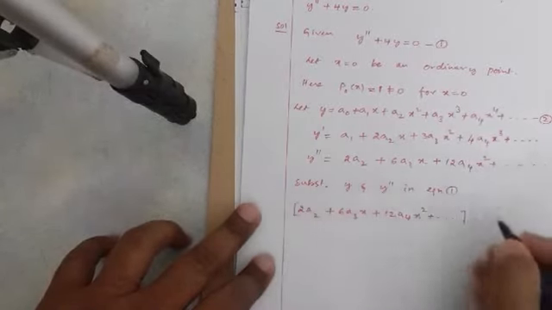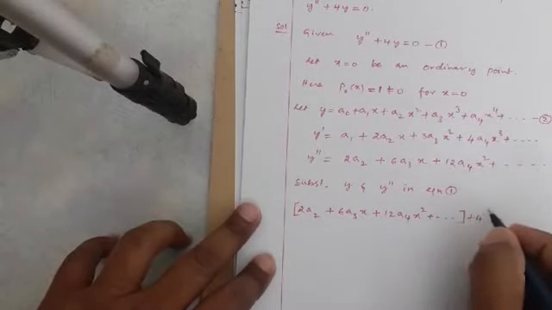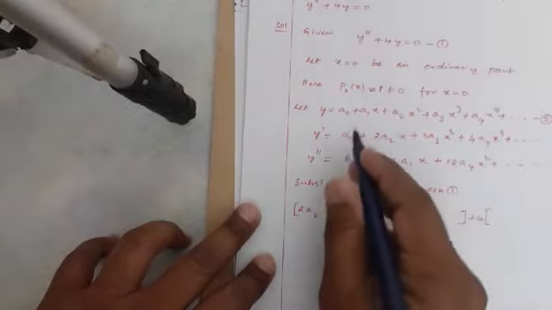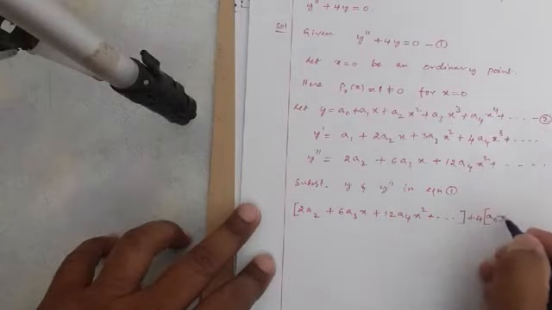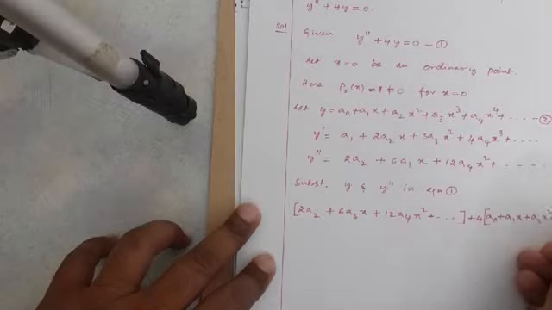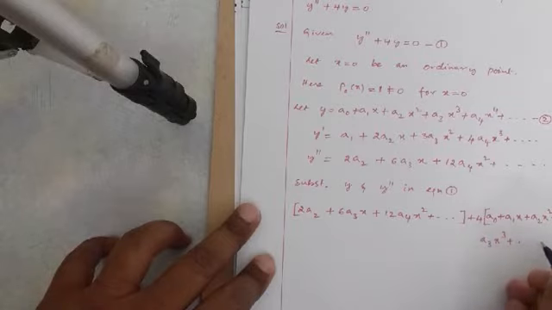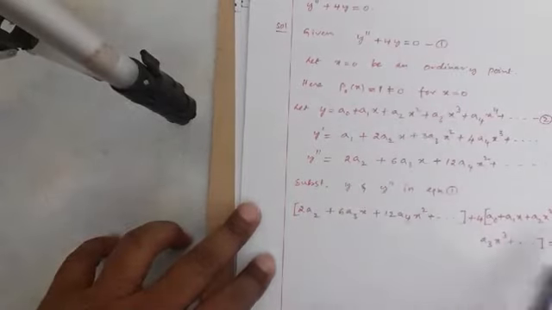So this is y'' plus 4 into y. Y is nothing but a0 + a1x + a2x² + a3x³ + and so on, equal to 0.